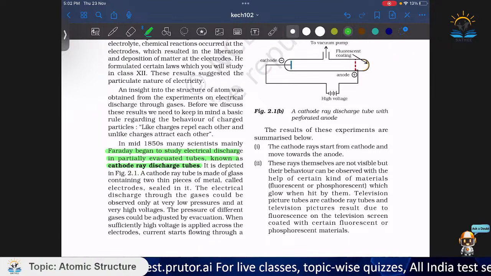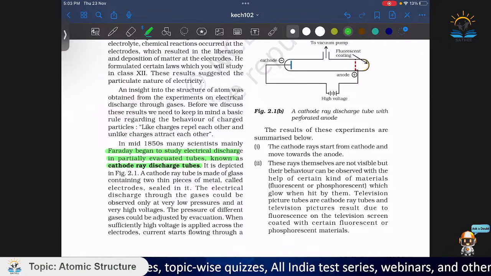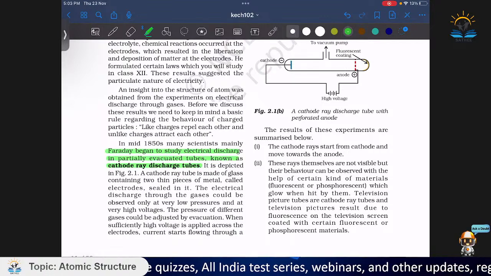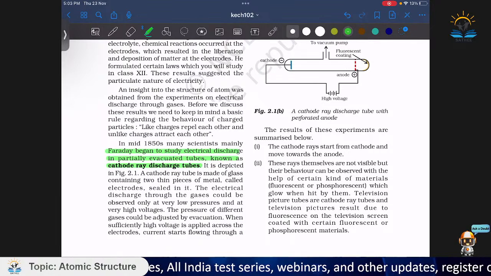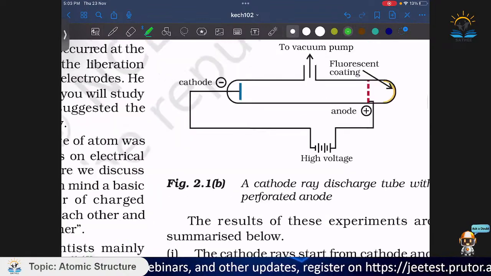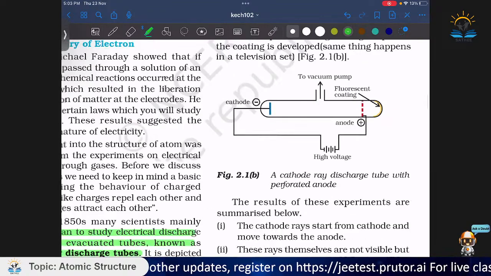So he started observing the rays from cathode ray tubes, in which he used to place a cathode inside a vacuum evacuated tube, and between the cathode and anode there used to be some space. The anode was perforated so that the rays could traverse it, and behind the anode there was a fluorescent coating.